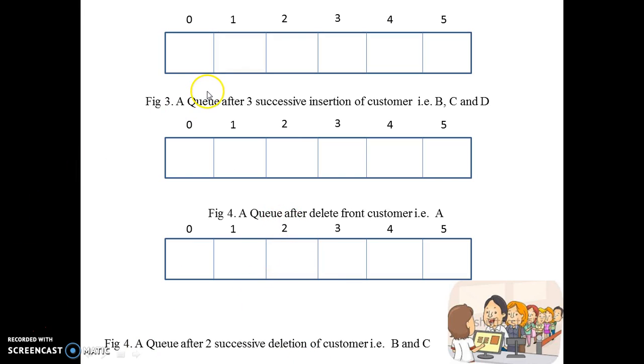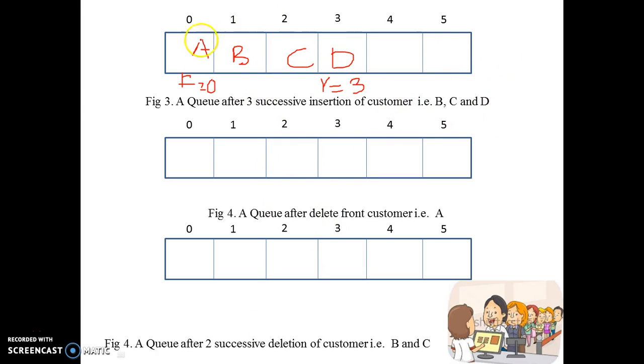Next we can insert 3 successive customers, that is B, C and D. Front is equal to 0 and rear becomes 3 because we can insert element with the help of rear side. Therefore, rear is incremented by counter. It will become 3.